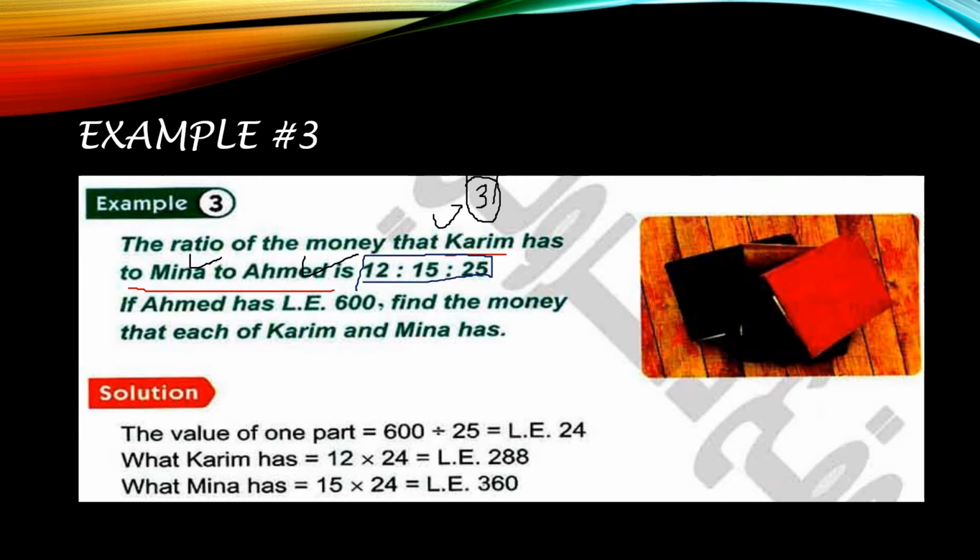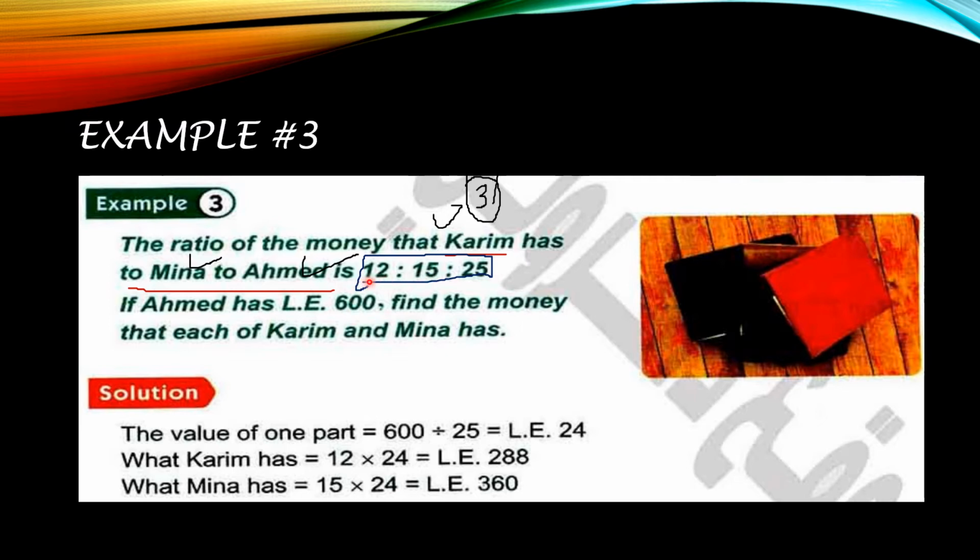But he didn't say which number belongs to which person. So we don't know, does the 12 belong to Kareem, Mina, or Ahmed? Does the 15 belong to Kareem, Mina, or Ahmed? Does 25 belong to Kareem, Mina, or Ahmed? So the thing is, we're going to go by the concept that the ordering is very important. The first term goes with the first person.